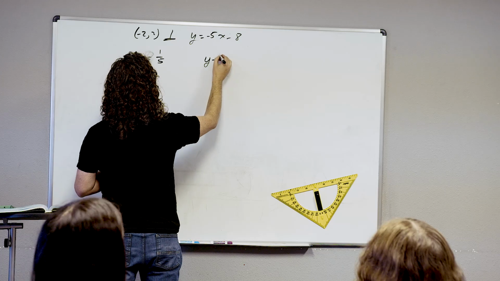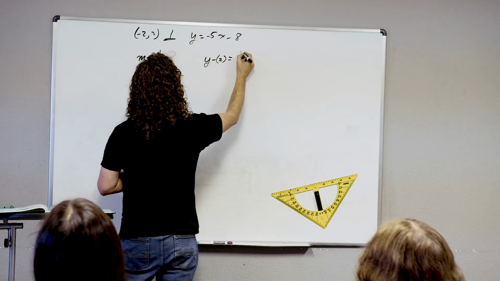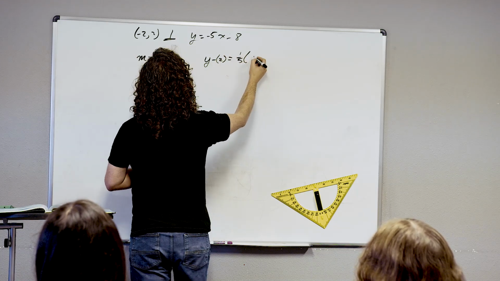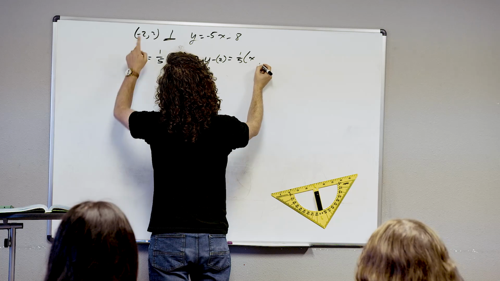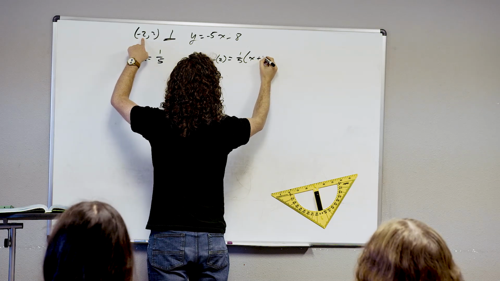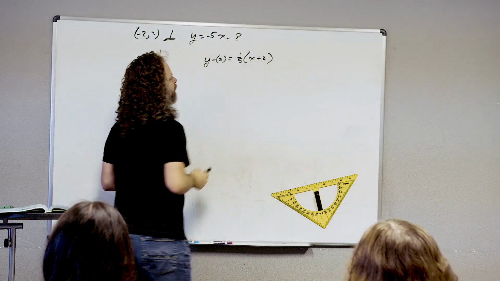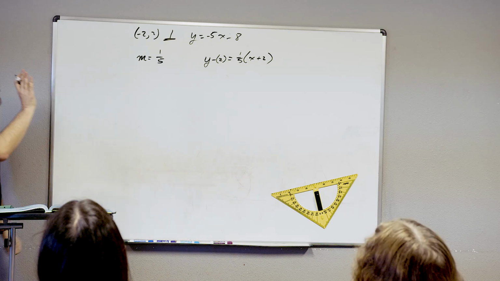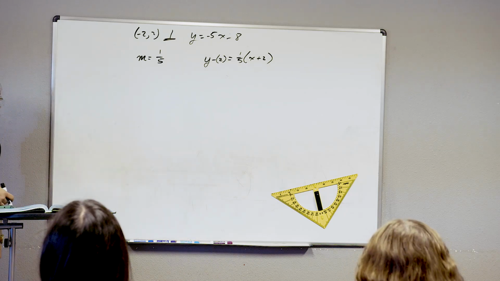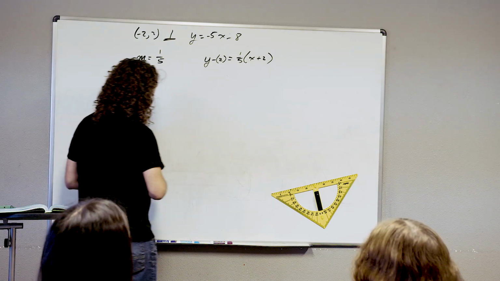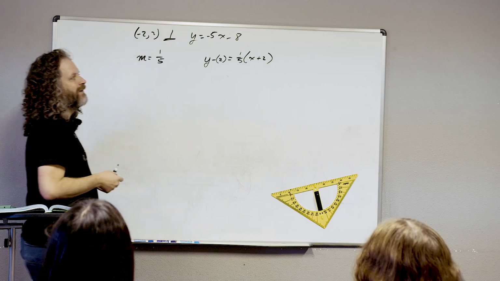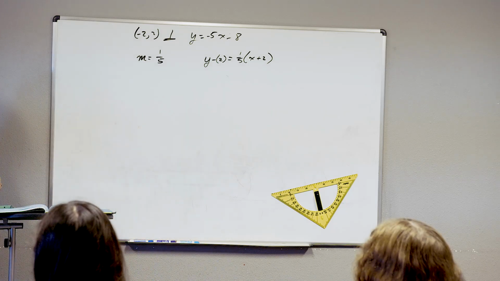So y minus 2 equals 1/5 times x minus negative 2, so plus 2, right? So to turn this into slope-intercept form, what would we do? Just do it. Yeah, we would just do it. That's right.